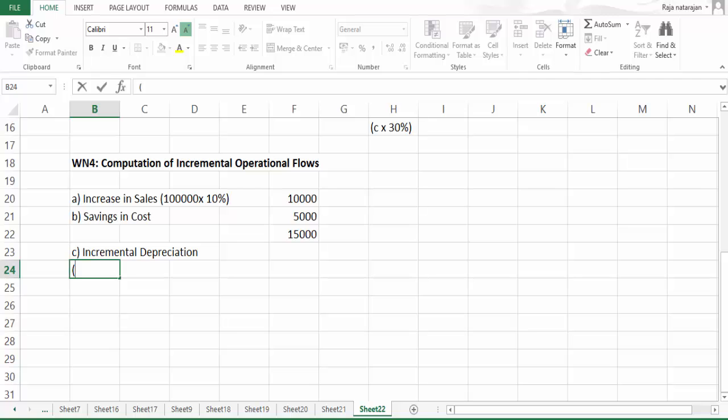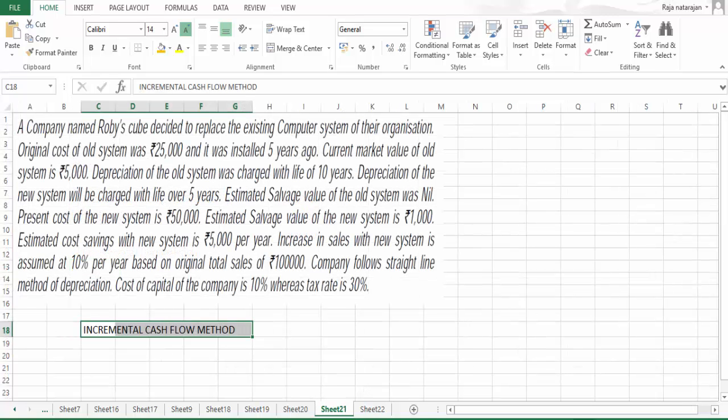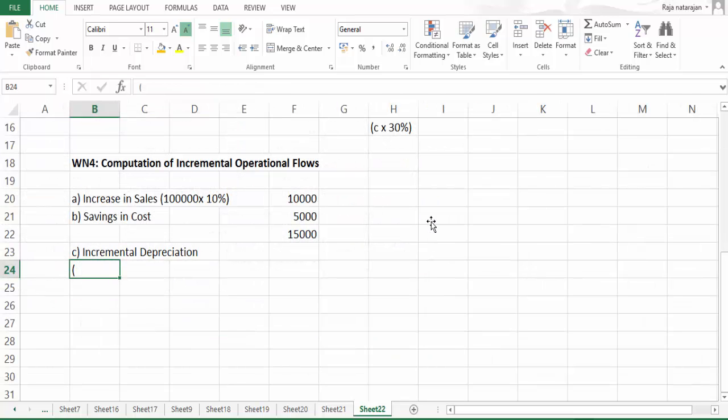What is the cost of the asset? We know the cost of the asset is going to be 50,000, and it will carry some salvage value of 1,000, and the life is going to be 5 years. Okay, so that's going to be 50,000 minus 1,000 and divided by 5 years, that is 49,000 divided by 5.